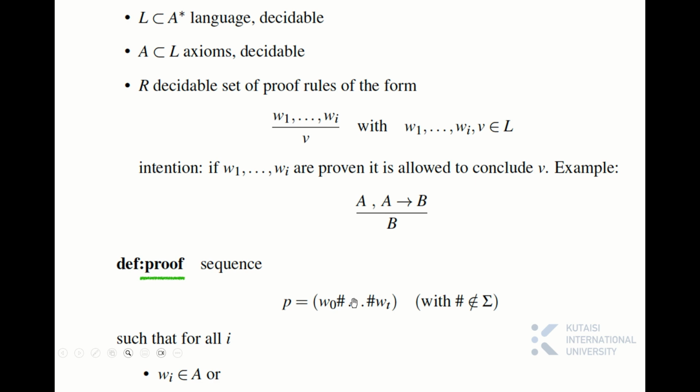What about W1? How do you check on W1? Yeah, exactly. You check whether it's an axiom or not, and then you have to check whether it is implied from W0 using the rules, and the rules are also decidable, so you can check all the rules and check whether there is a rule from W0, and you just go on doing like this, and in the end you finish.